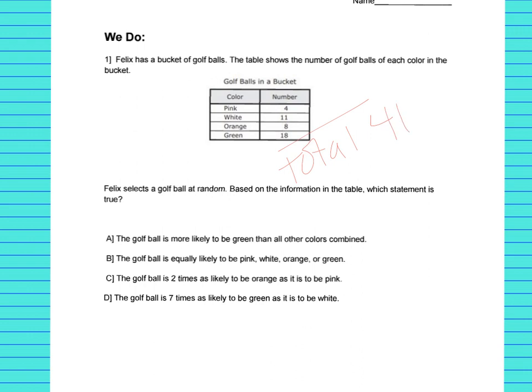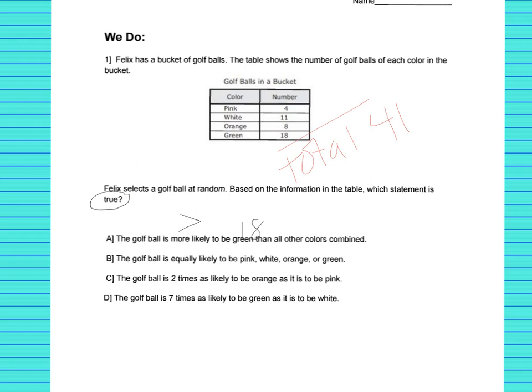Now, as we go through these different answer choices, we are looking for the one that is true. That means there are 3 falses. So let's look at this. A says the golf ball is more likely to be green than all other colors combined. The way we approach these answer choices that have sentences is we make them into number sentences. So the golf ball is more likely, more likely is going to look like that, to be green. So how many greens do we have? Well, we have 18.